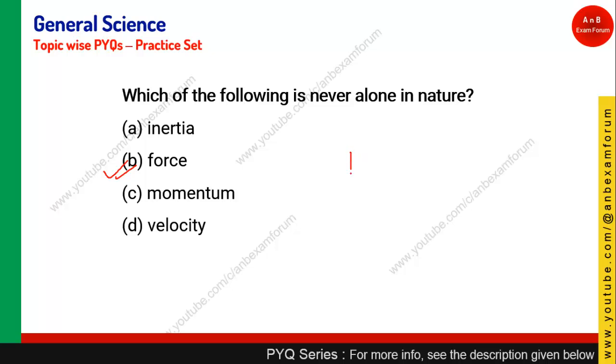Suppose an object is placed on the table. Even though it is at rest, there is a force acting in reverse on this body, exerting some force in the opposite direction. That's why force is never alone in nature.